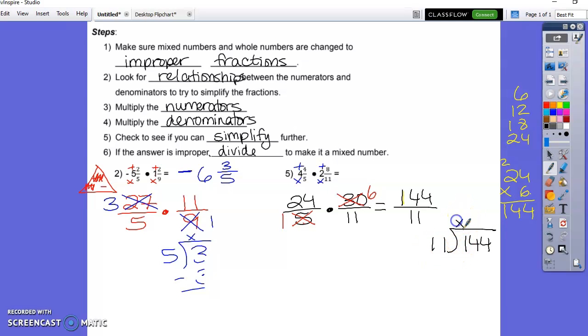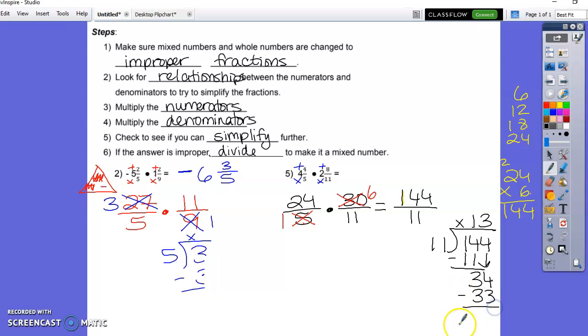11 won't go into 1, but 11 will go into 14. 1 time, multiply. How much do I have left? 3. Bring down the 4. Now start back over with division. 11 into 34. 3, which is 33.